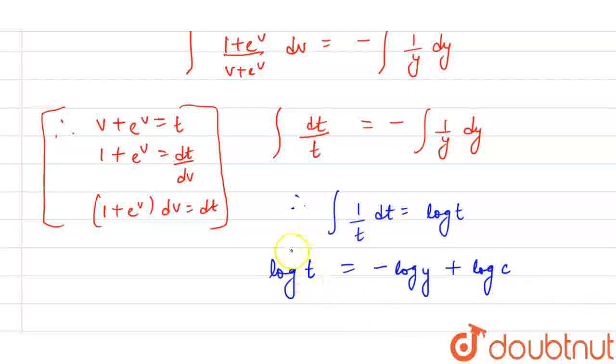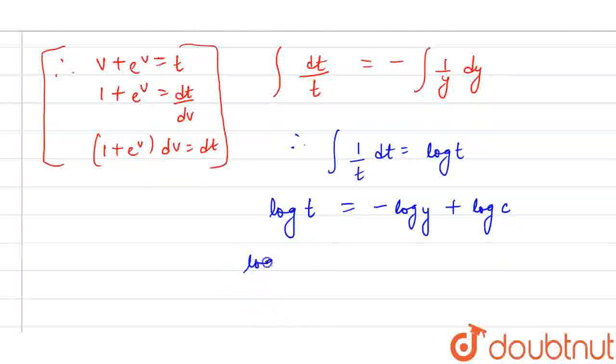Now we know that t equals v plus e^v, so we can write it as log of (v plus e^v) equals minus log y plus log c.